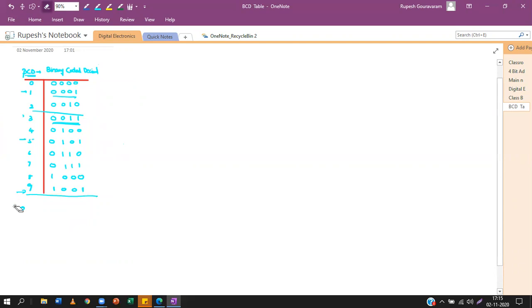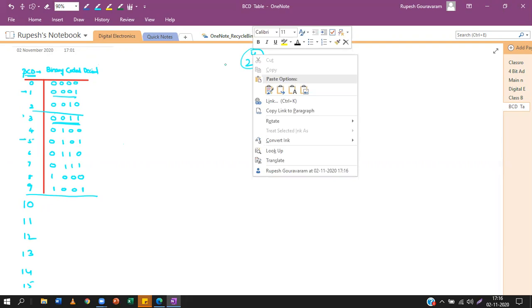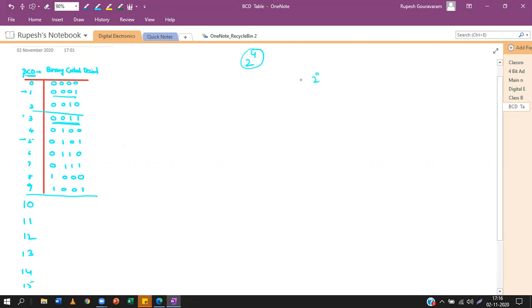After 9 also we can represent the decimal numbers using the binary representation. Suppose 10, 11, 12, 13, 14, 15 and 16. 16 means 2 power 4, so it is 1 0 0 0 0, which falls in a 5-bit number. We only have 4 bits, so the maximum value that is possible is 15.